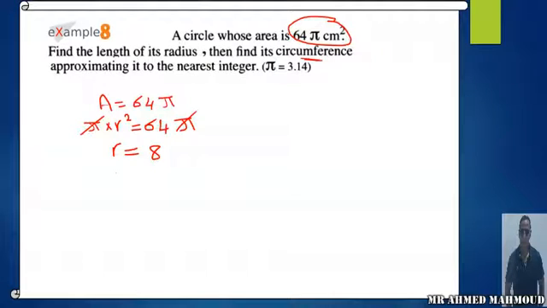The circumference equal 2 pi r, which is equal to 2 times 3.14 times 8, which is equal 50.24 centimeters.